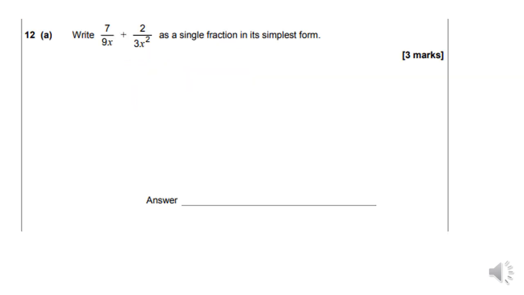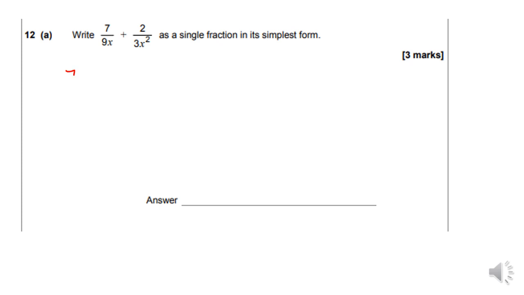Next, it wants us to write this as a single fraction in its simplest form. So, yeah, the common denominator here is a bit of an interesting one, isn't it? But let's go with, we could multiply the first fraction by x, couldn't we?